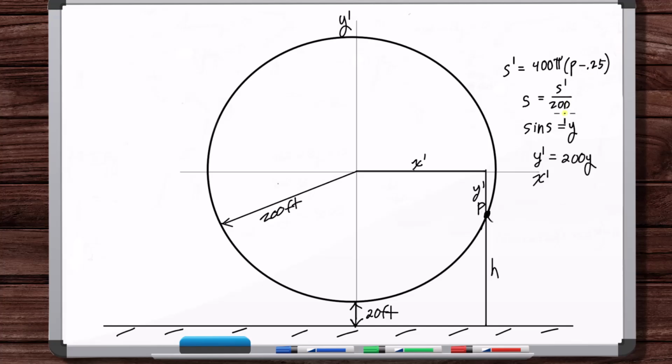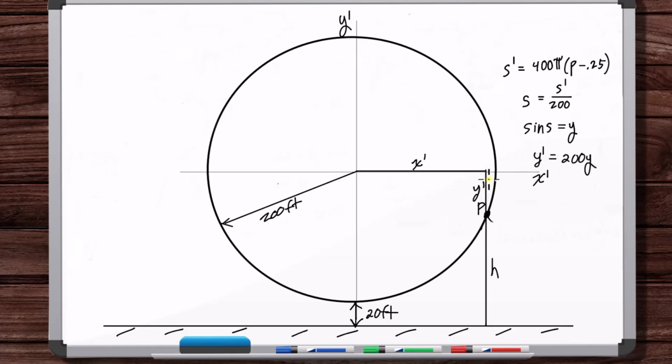Okay, so now let me erase this. If you go through all of these formulas, we start with p, and from there we can get all the way to y prime. So once we have y prime, how can we calculate h? If we look at this particular position, we need to take 200 plus 20, this full distance, and subtract the magnitude of this value from it, and we'll get h.